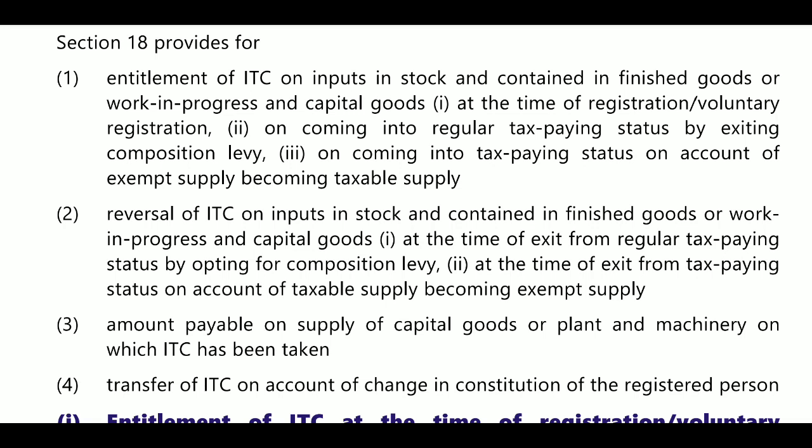registering or voluntary registering, if a person came into registration on a voluntary basis, and that person has some inputs relating to work in progress, finished goods, or capital goods, then ITC is available.